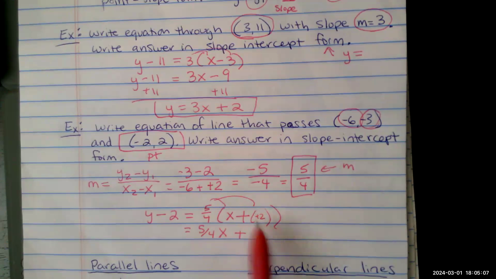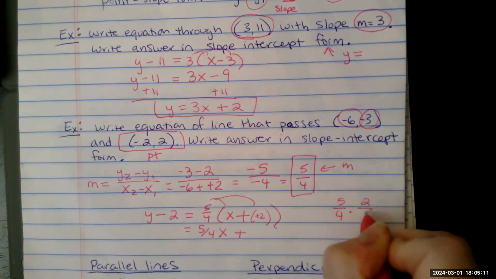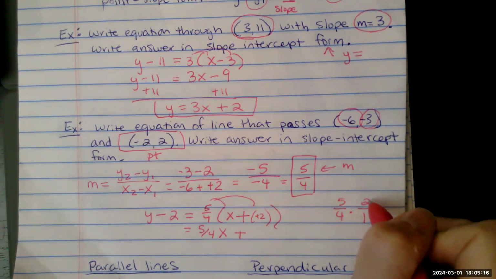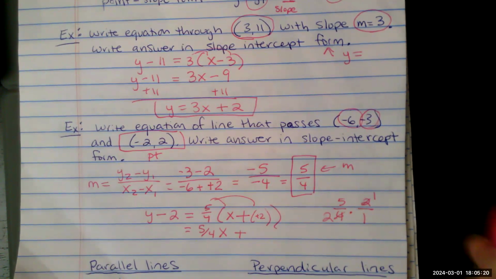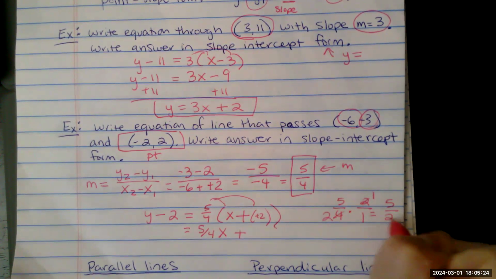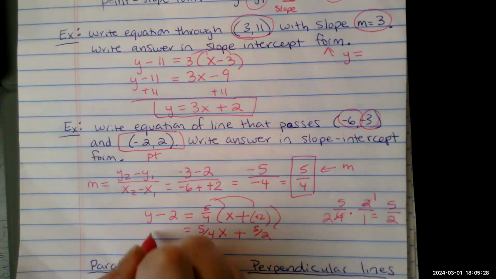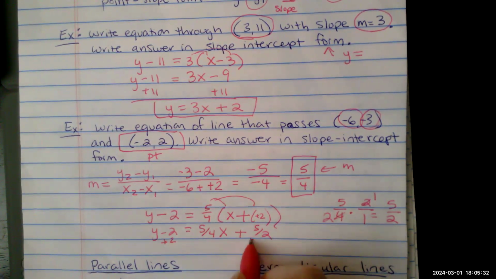Remember, 5/4 times x is just 5/4 x, so that's not too bad. But 5/4 times 2, you might want to just take a second to do that on the side, because make sure you get that that's 2 over 1, really. So I can reduce my 2 and my 4 first. Then I can say 5 times 1 and 2 times 1. So 5/2. And then my last step is just to add that 2 to both sides.